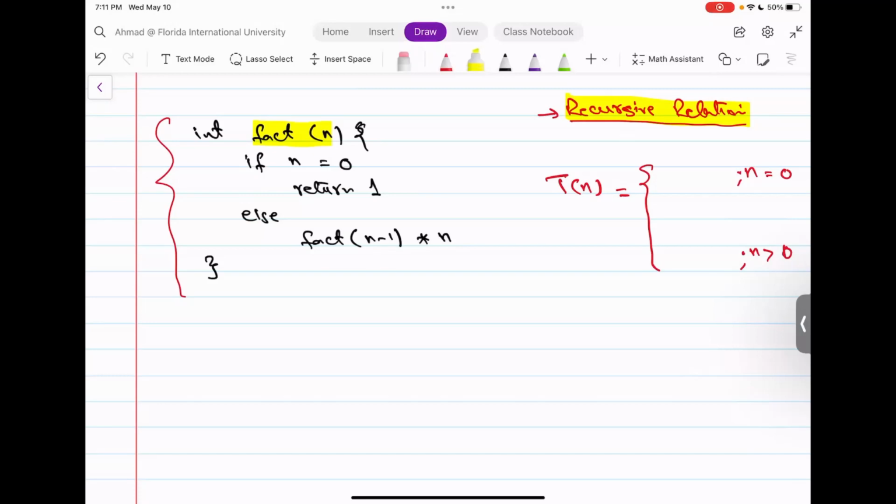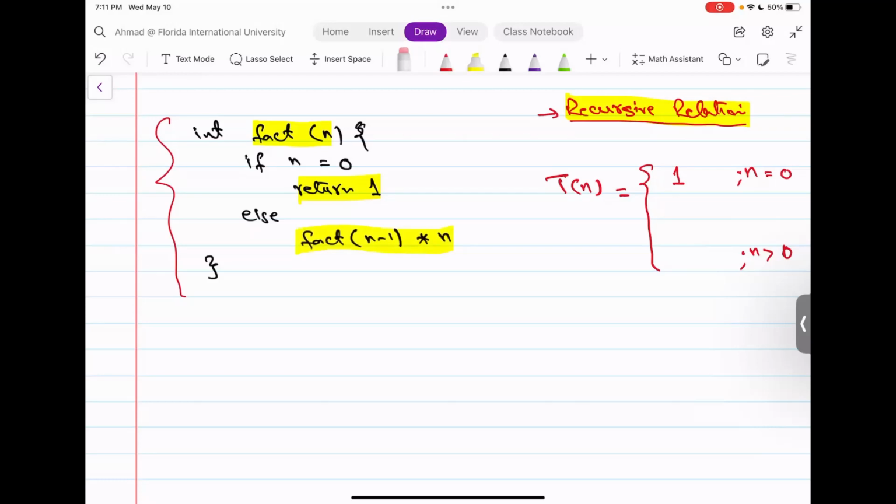I am simply returning 1, meaning I am doing an operation which is to return some value. That operation costs a constant amount of time, let's say 1. This is not the returning of 1, this is the cost of the return operation.